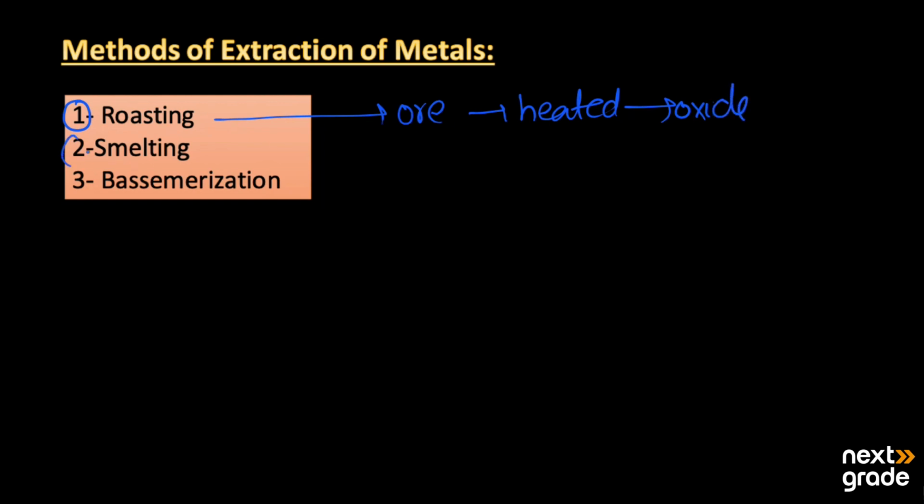The second method, after roasting, is smelting. In smelting, the oxide of the ore is reduced by the removal of the oxygen.